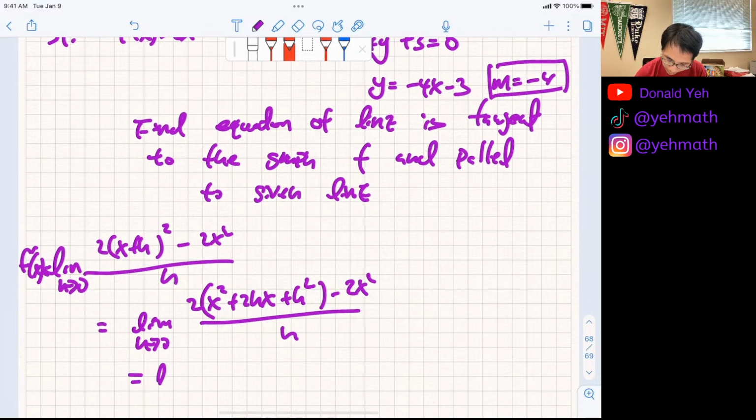If I distribute it, the 2x squared is going to cancel out, so we're left with 4hx plus 2h squared over h.